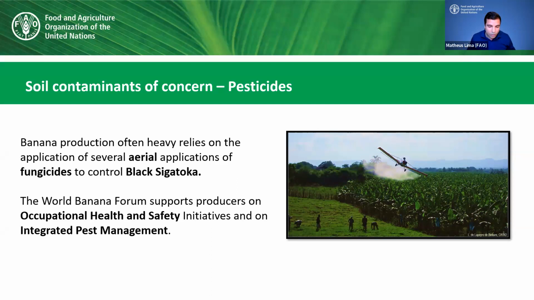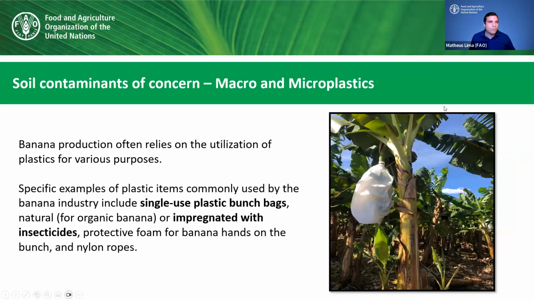So we also have this kind of institutional hands-on results. And we also work to support producers in integrated pest management, not to totally abolish this type of application, because in some regions we know it is important, but to advise them to only spray when needed, at the dose needed, and to avoid the risks and the contamination.